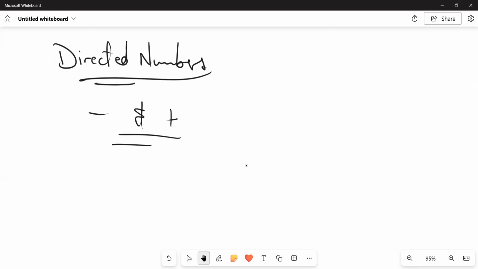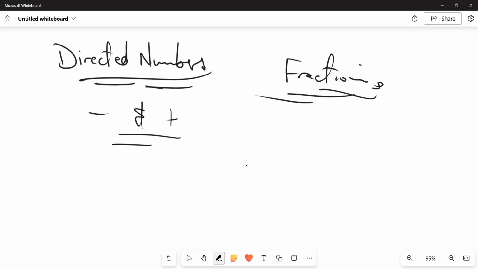I think a lot of discomfort comes when people have to deal with directed numbers. This and the other topic mentioned in the first week, fractions. When people see these two things, they start sweating. So let's take this last one. We will touch on fractions Friday. Let's talk about this here.